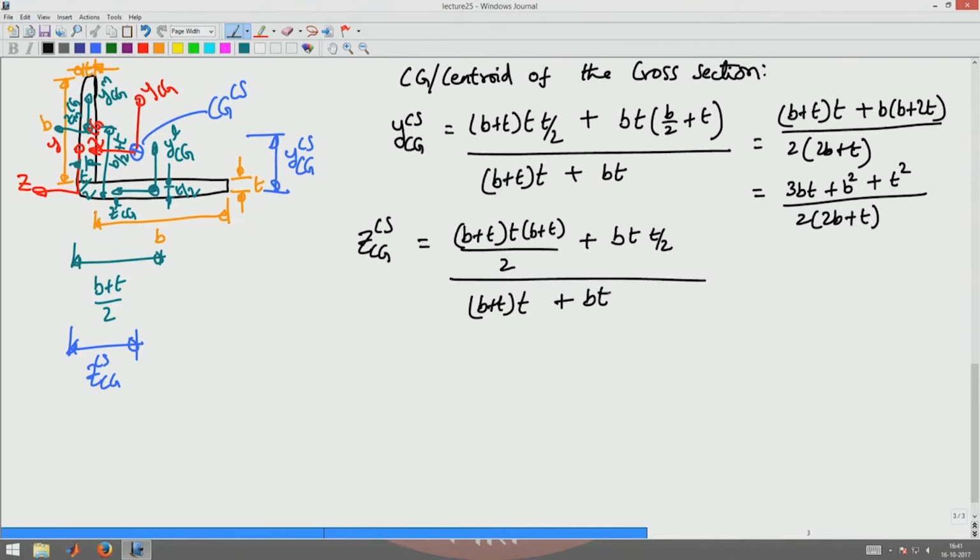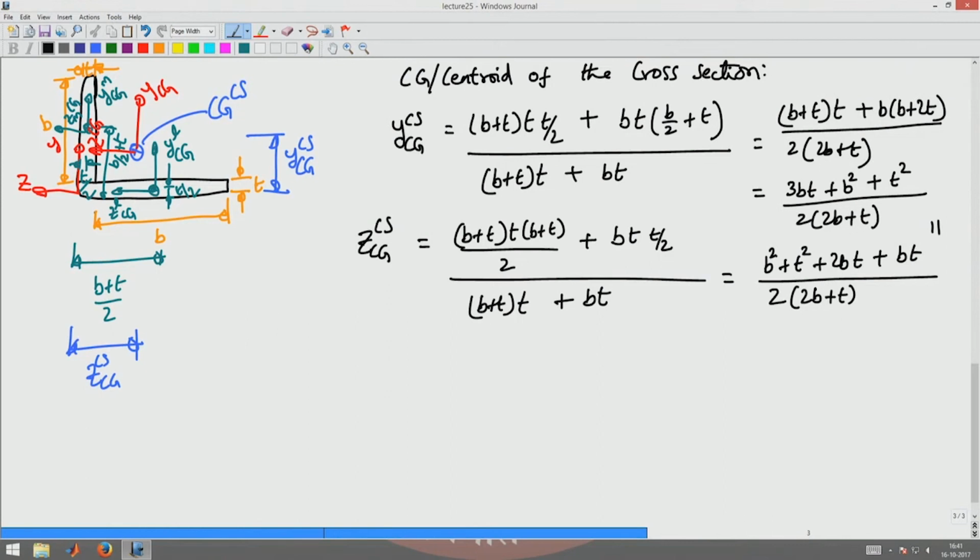Again I can cancel the T throughout and this will become B square plus T square plus 2BT plus BT divided by 2 into 2B plus T, which is the same as that. That is what we expect, because the angle is a symmetrical angle. So, ZCG and YCG have to be the same.